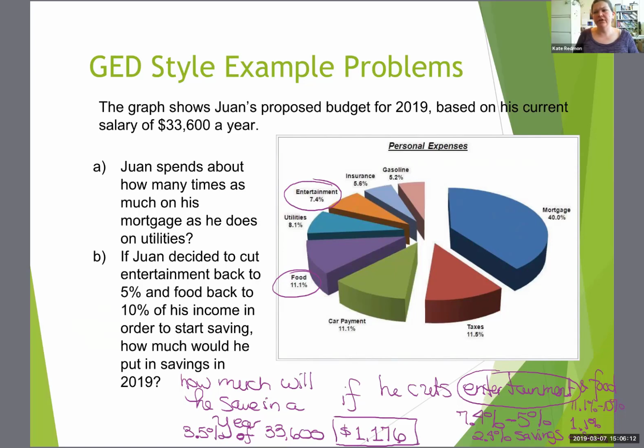Okay, very tricky, complex problem. Lots of steps. Very GED typical. Is anybody mad at me? No. Okay, so you guys already know this. When Kate's in there in class looking at the problem with you and asking the leading questions, it always makes sense. I know all the right questions to ask.